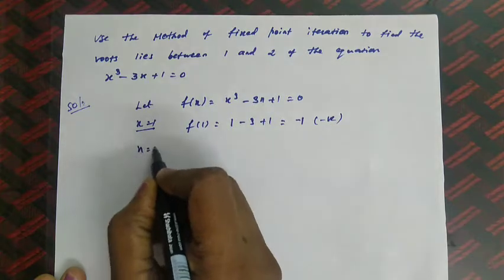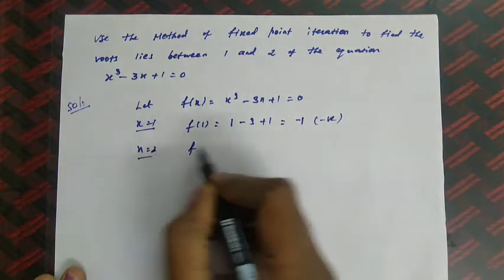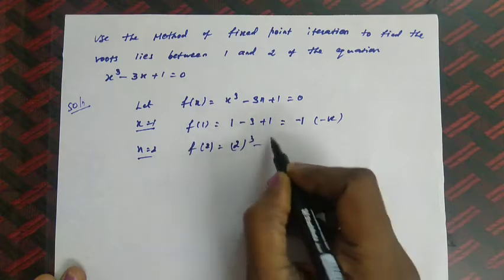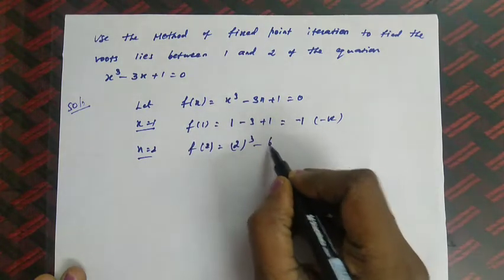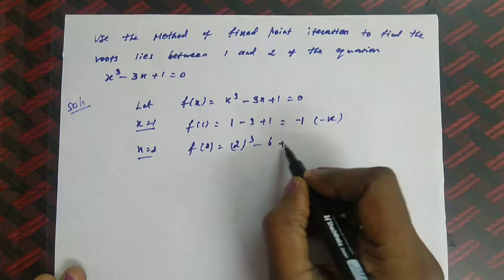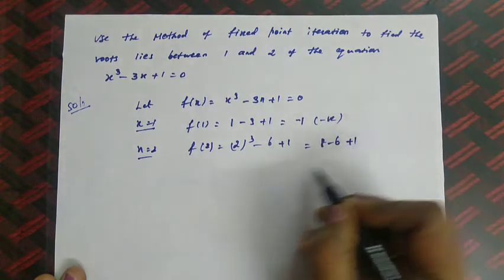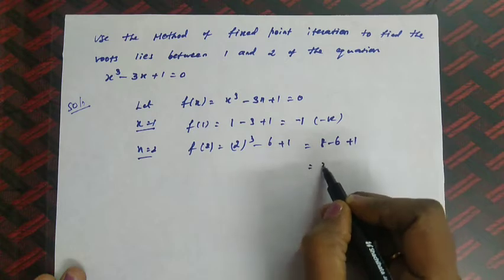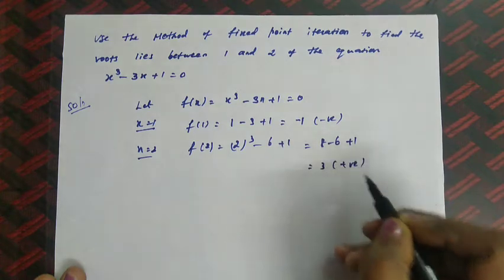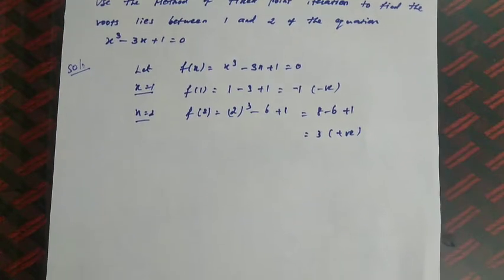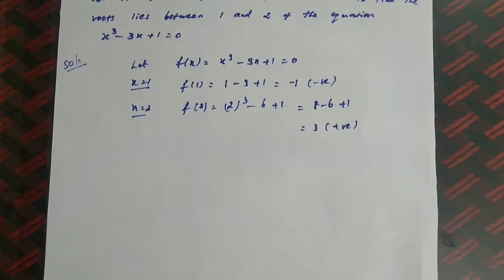Then put x equal to 2. f of 2 is 2 cube minus 3 into 2, which is 6, plus 1, which is 8 minus 6 plus 1, equal to 3. It is a positive quantity. Opposite signs occur, so obviously the root lies between 1 and 2.